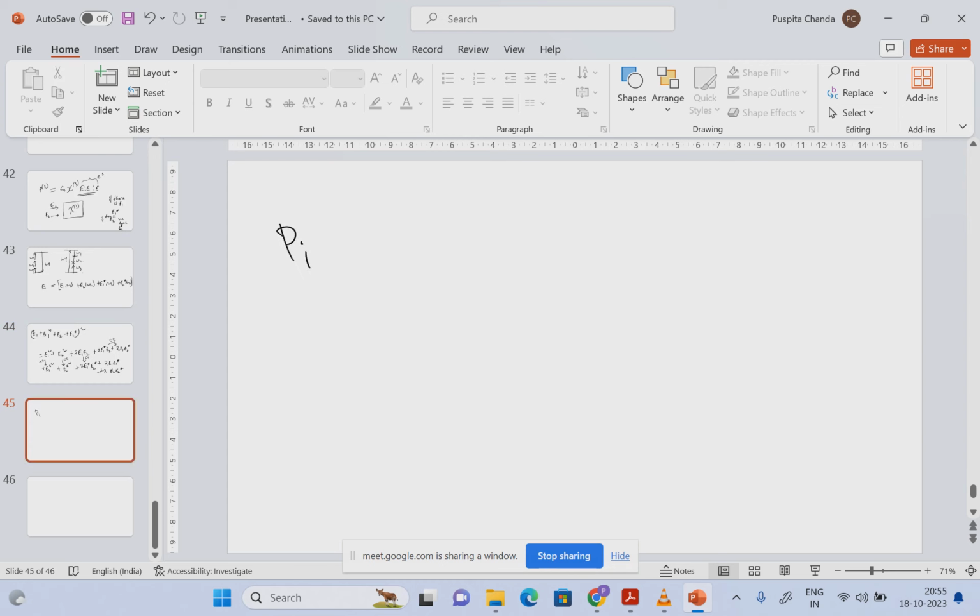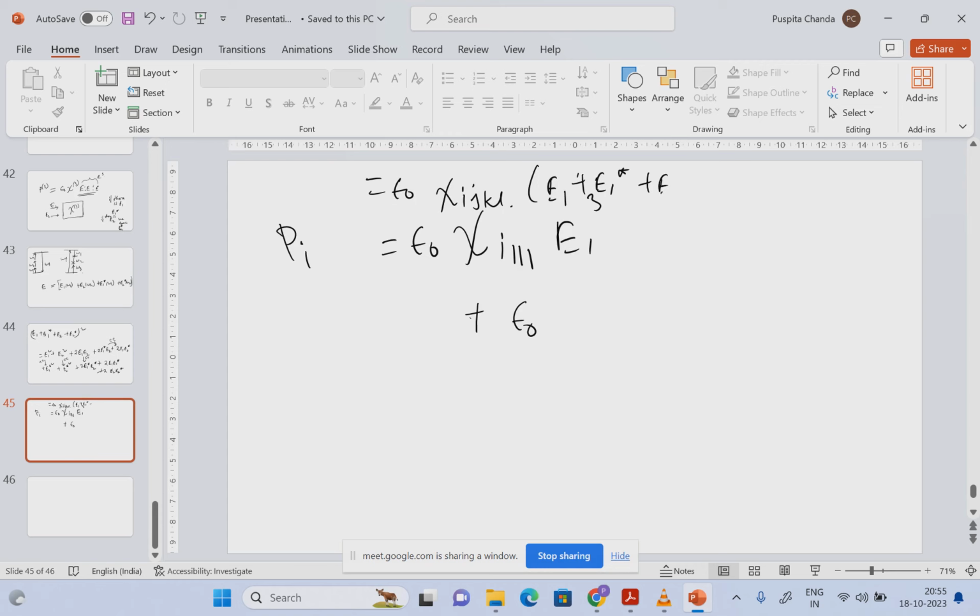Now Pi will be epsilon naught chi i111 E1 cube, because it is epsilon naught chi ijkl, times E1 plus E1 star plus E2 plus E2 star, whole square, into E1 plus E1 star plus E2 plus E2 star.